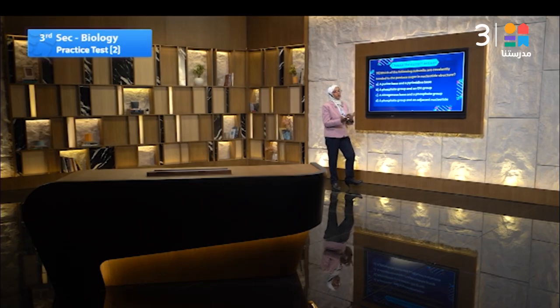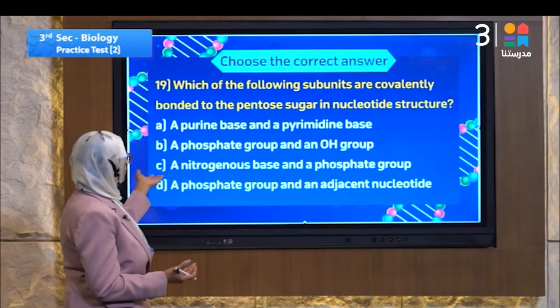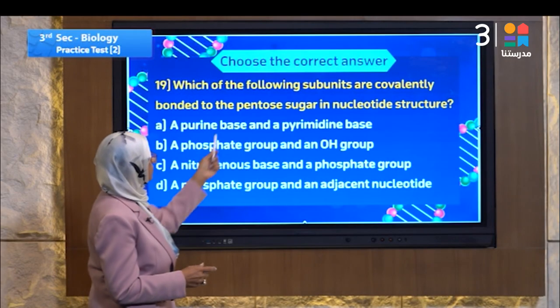Pentose sugar is the sugar found in the genetic material. Pentose sugar means it has 5 carbon atoms. So we speak about purine base and pyrimidine base. Base means nitrogenous base, not pentose sugar.